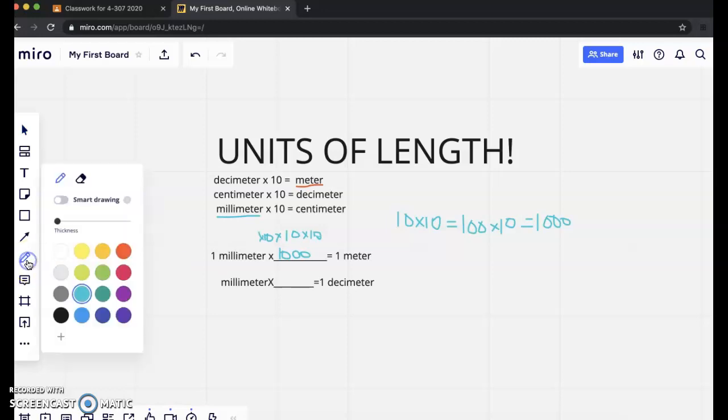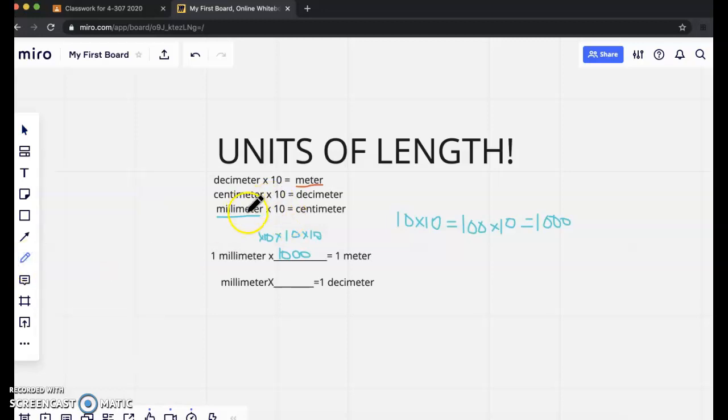Well, I would do millimeter times 10 is a centimeter, so that's not it. And then a centimeter times 10 is a decimeter, and that's where I want to go. So 10 times 10, we know, is just 100. All right? So it's 100. So all you have to do is multiply.